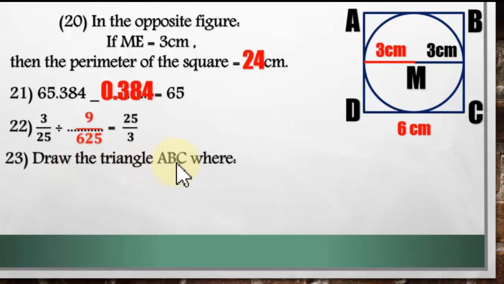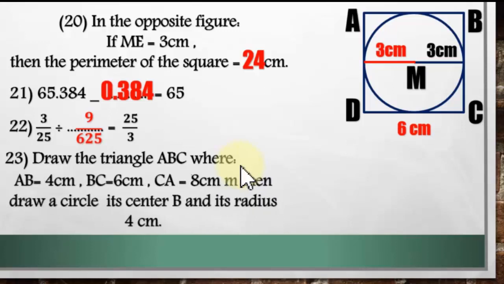Draw the triangle ABC where AB equals 4 cm, BC equals 6 cm, CA equals 8 cm. Then draw a circle, its center B and its radius 4 cm. Okay, firstly we will use our ruler to draw AB 4 cm.